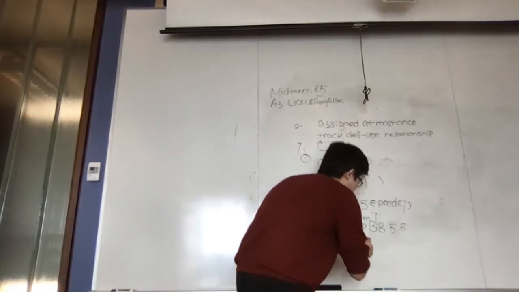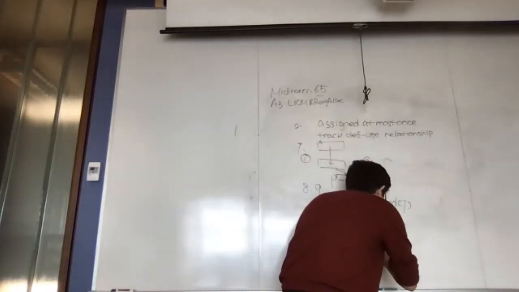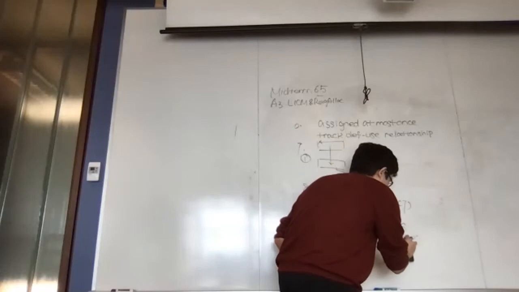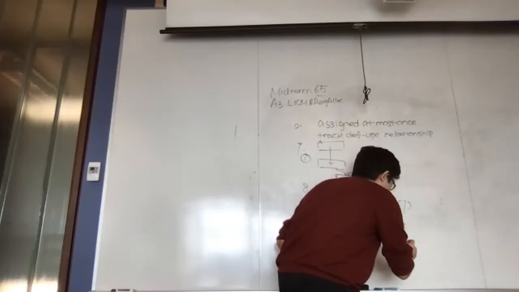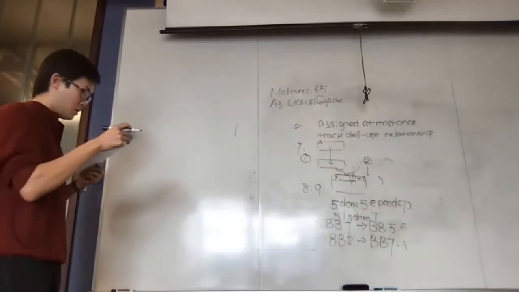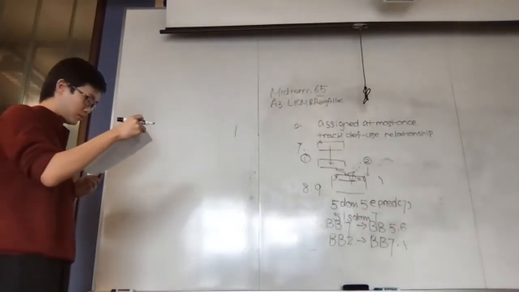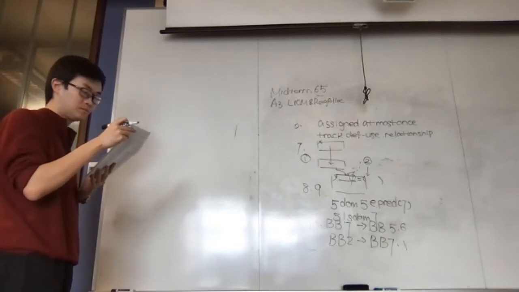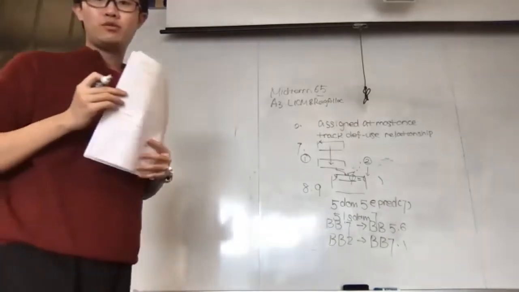Because we have definitions from BB7 and BB1, this is why we also need to insert a phi at BB2 as well. I think most people got this right. Any questions before we move on?